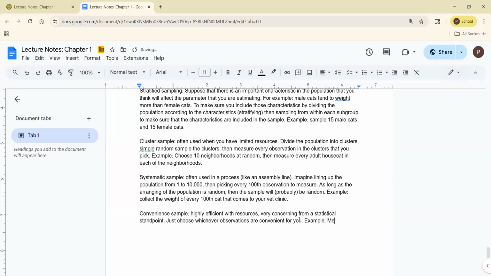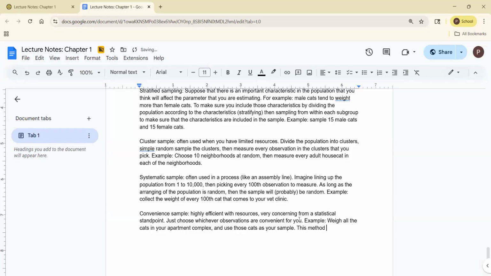So example, weigh all the cats in your apartment complex and use those cats as your sample. Now, if you're lucky, those cats are representative of all house cats in Salem. But if you're unlucky, like say you have a neighbor who likes to feed all the raccoons, and so they always leave extra cat food out, so all the cats in your neighborhood are overeating, then you're going to get some bad data.